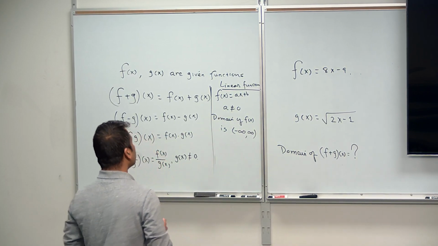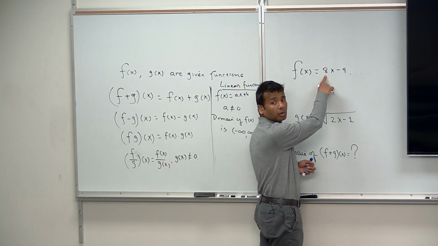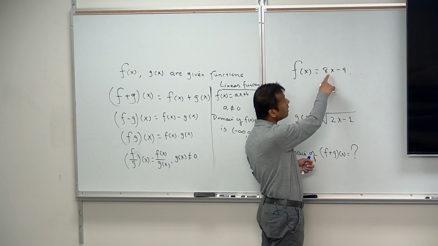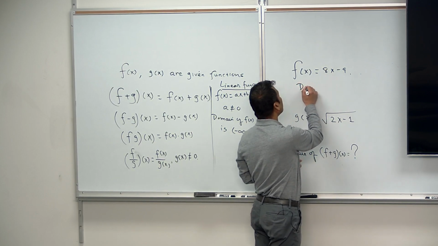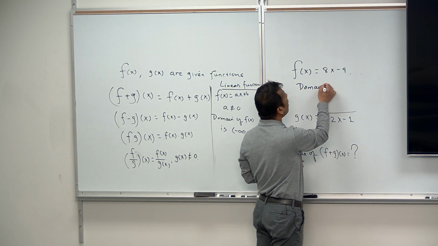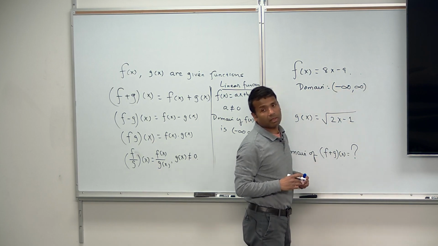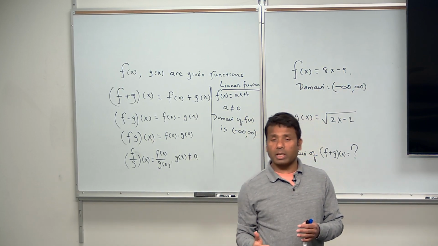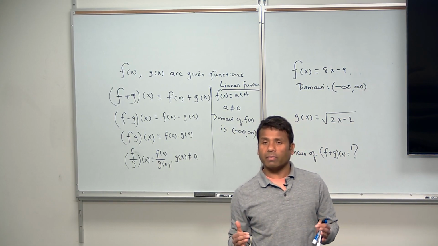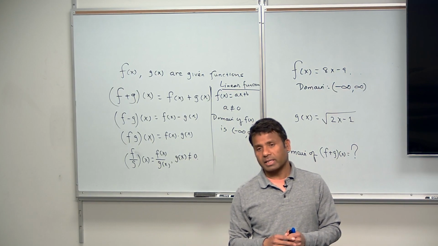So this is a linear function with the coefficient of x not equal to 0. That's why the domain of this function is the set of all real numbers, which is negative infinity, comma positive infinity. That means this function is well defined for any value of x.